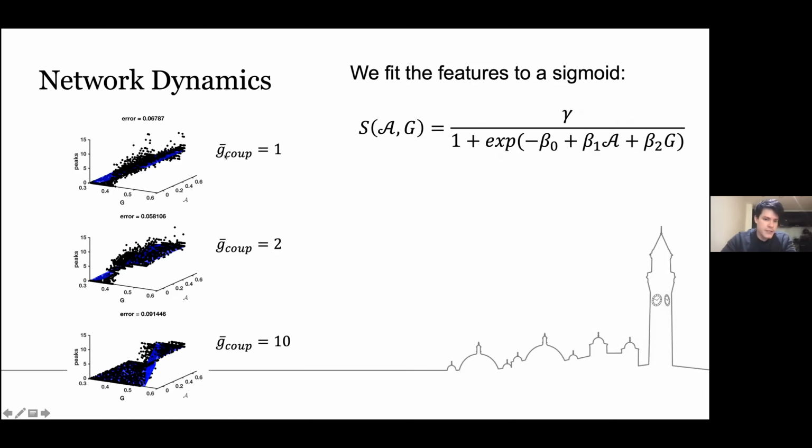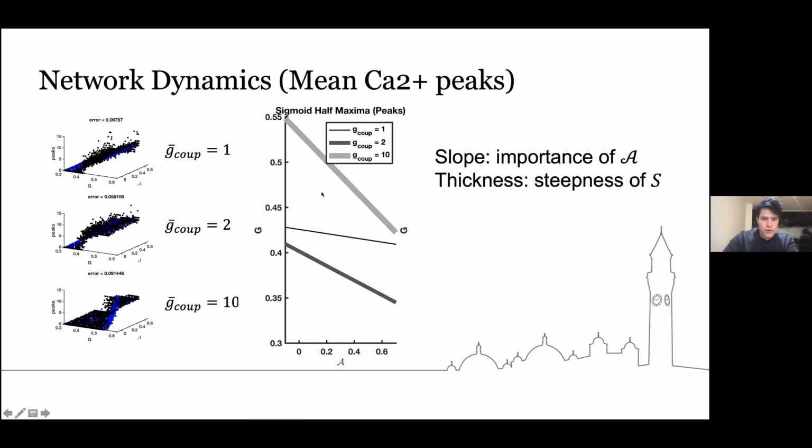But what you can tell is that for very weak coupling, you have a sigmoid that is not very steep, whereas for stronger coupling, you have a very steep sigmoid. And so it might be easier to actually look at the half maxima of the sigmoids. And so those are drawn here as lines.